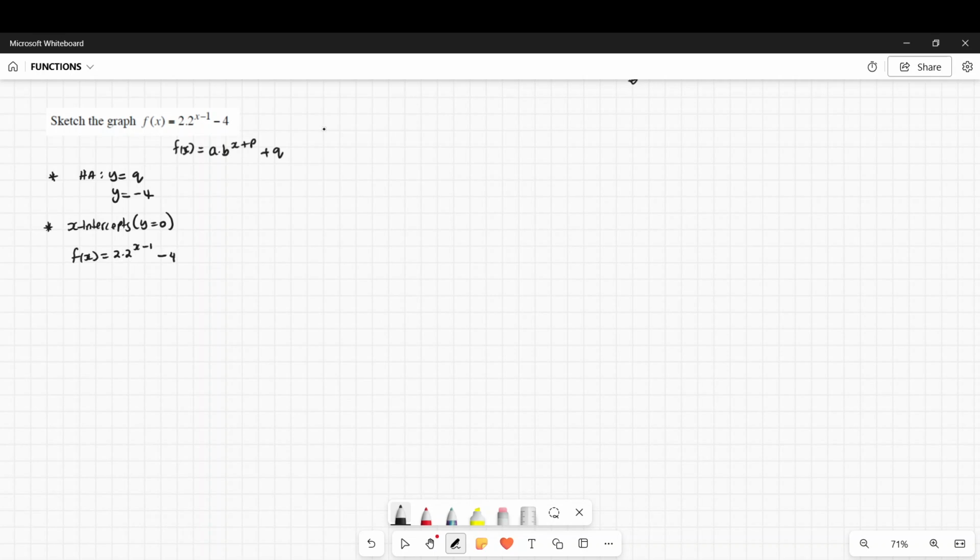So now y is 0, equal to 2 times 2 to the power of x minus 1, minus 4. Then what we're going to do, we're going to transpose this 4 to this side, and then it becomes a positive. So now we have 4 is equal to 2 times 2 to the power of x minus 1, right?